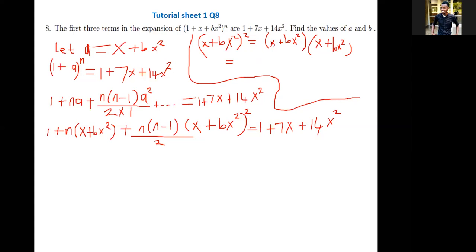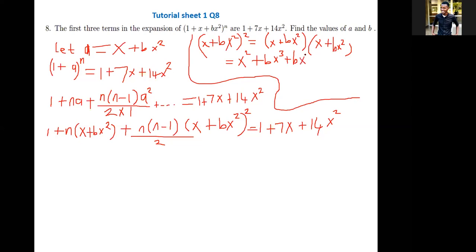So when I multiply x times x, I'm going to get x squared. But when I multiply x times bx squared, I'm going to get plus bx to the power 3. When I multiply these two, I'll get another bx to the power 3.